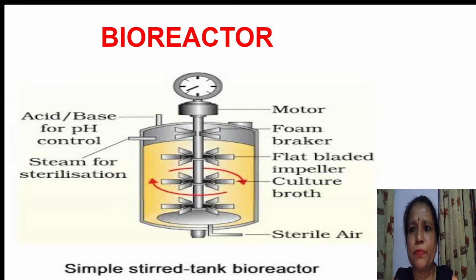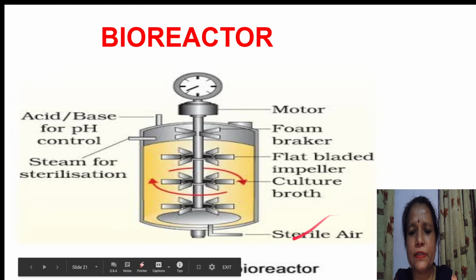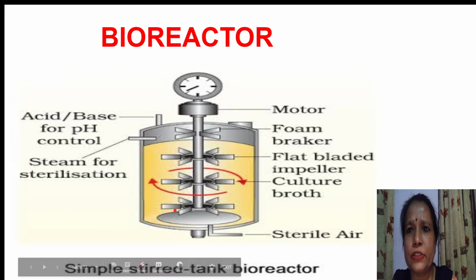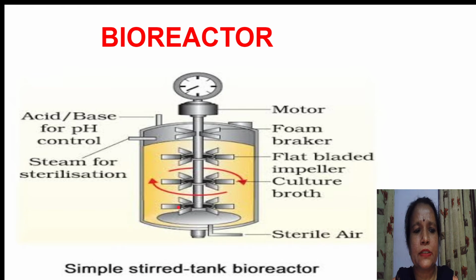There is an acid-base control system, then cooling devices. If you see the base of the bioreactor, it is a curved base. This curved base will help in even mixing of all the contents. Now it has steam for sterilization. So oxygen can be distributed uniformly and it reaches all the microorganisms inside the bioreactor.